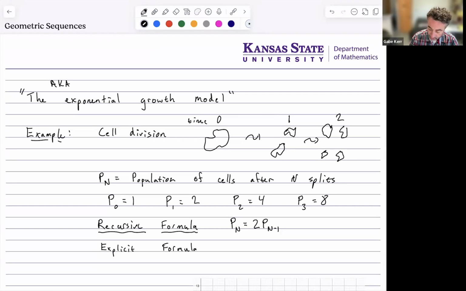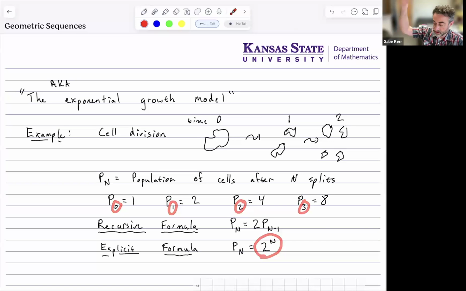The explicit formula is an exponential type formula: P sub n is in fact equal to 2 to the nth power. You can see that by putting in the values 0, 1, 2, 3. 2 to the 0th is by definition 1, 2 to the first power is 2, 2 squared is 4, 2 cubed is 8, and so on and so forth. So this explicit formula can be used to compute the value.